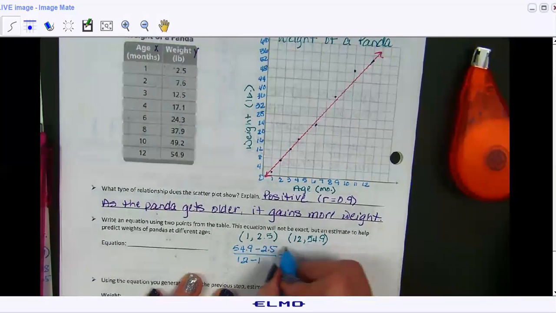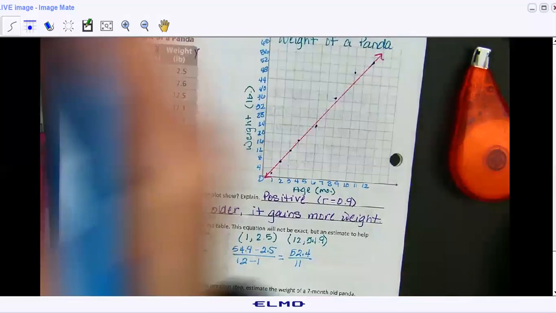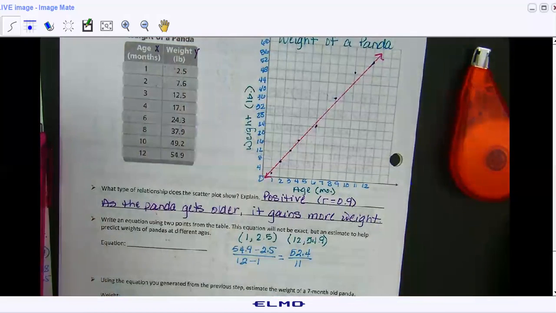That's 52.4, over 11. Then we divide 52.4 by 11, and we're going to estimate. Divided by 11 is going to be 4.76.